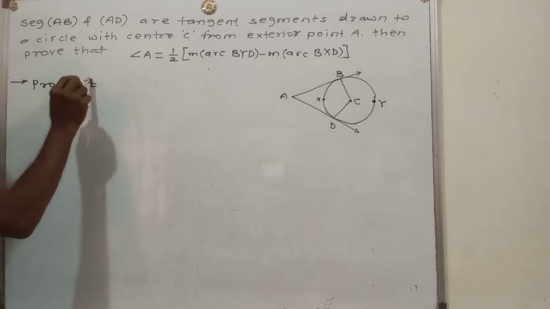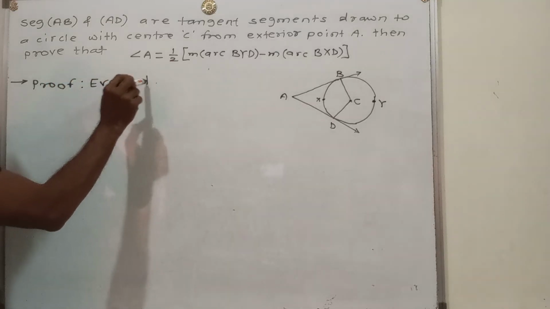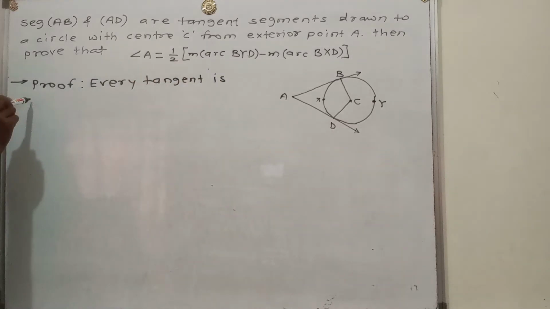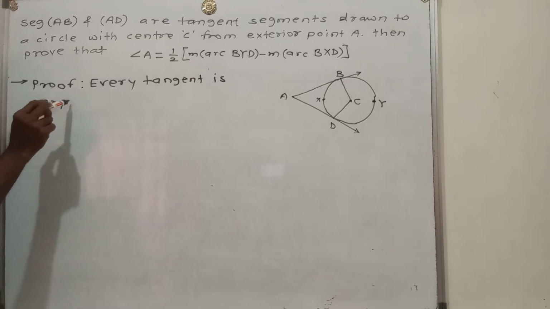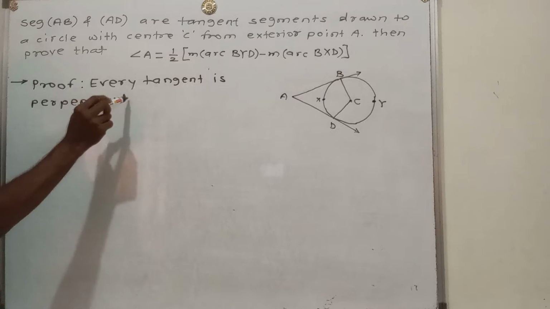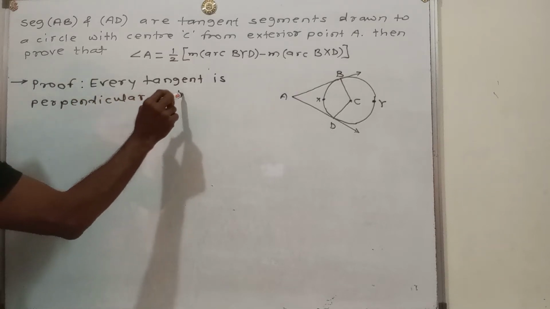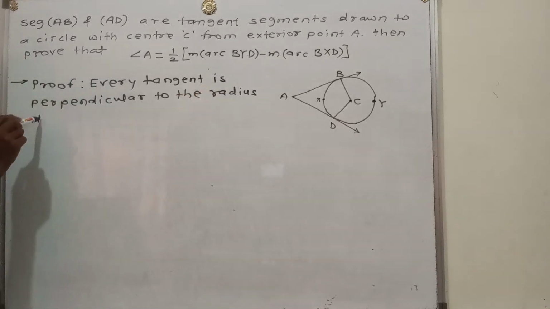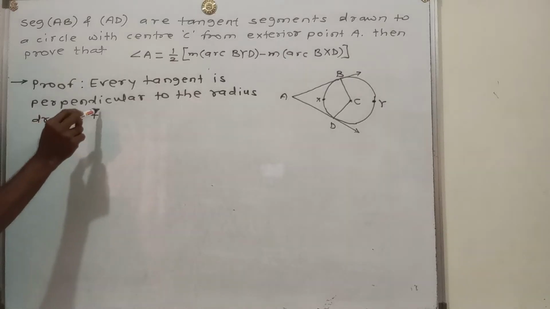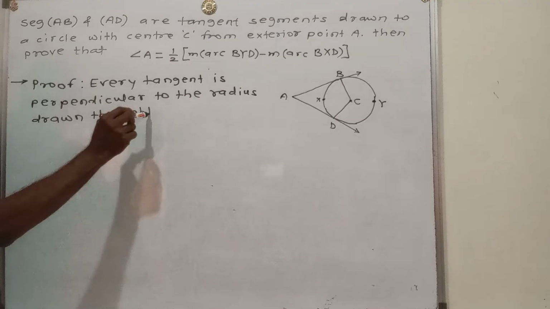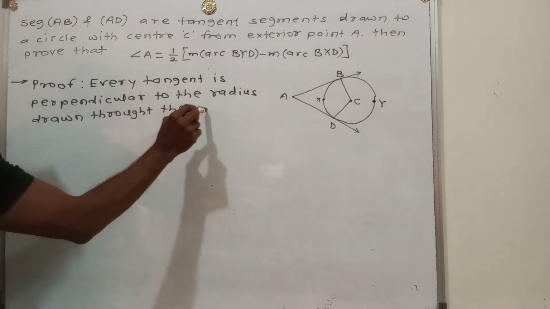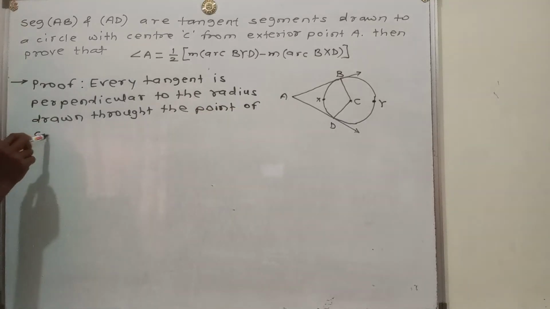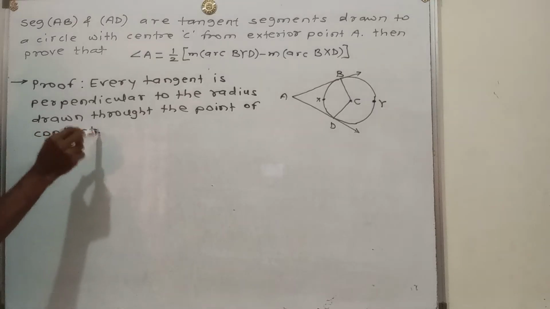So we write here: every tangent is perpendicular to the radius drawn through the point of contact.